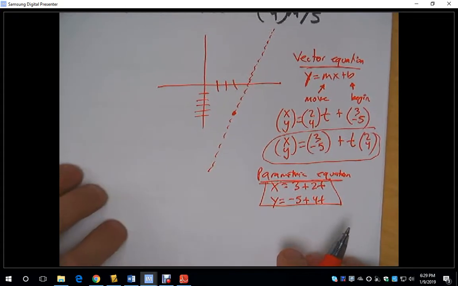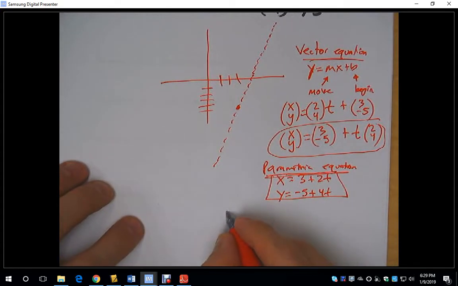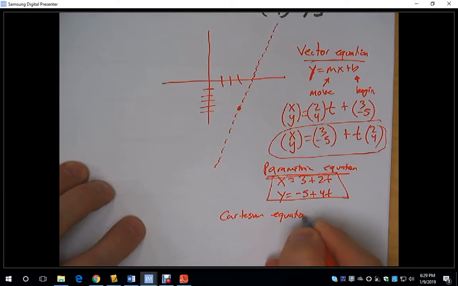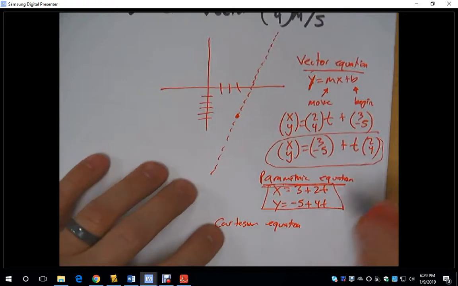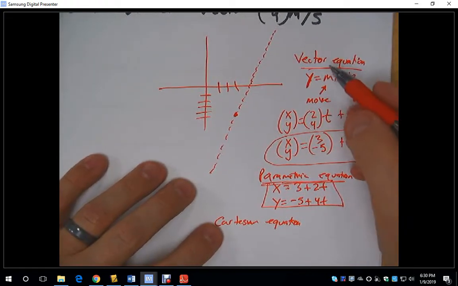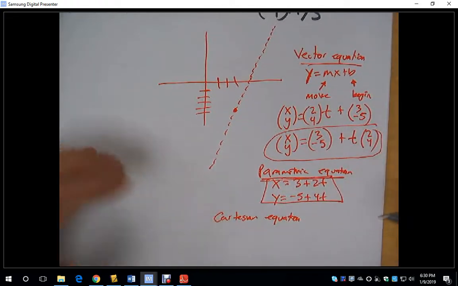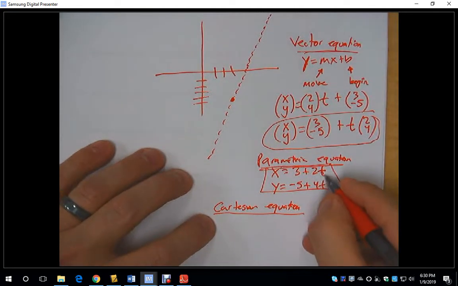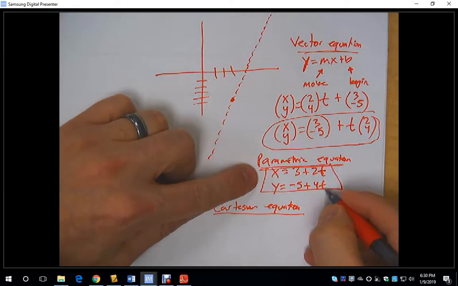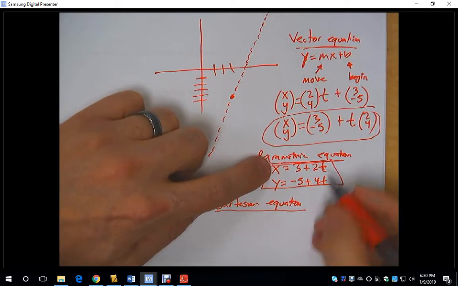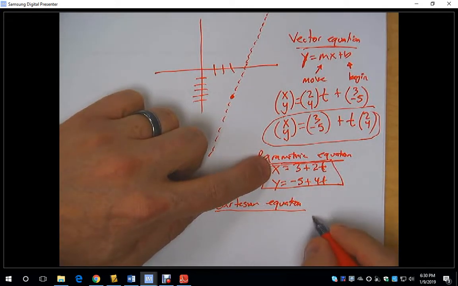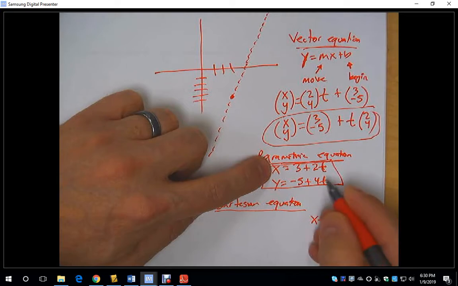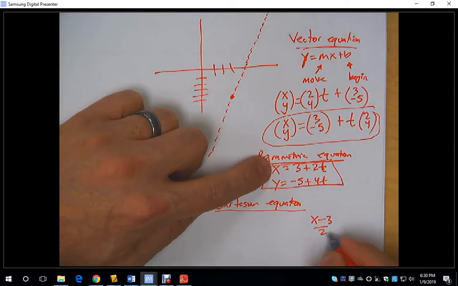Now we also have a Cartesian equation. A Cartesian equation is an equation in terms of our x and y. So I'm going to take my parametric equations and solve for t. So our first one, I'm going to solve for t, so I have x minus 3, I'm going to divide by 2, that equals t.